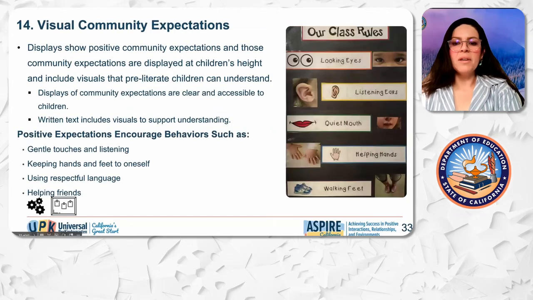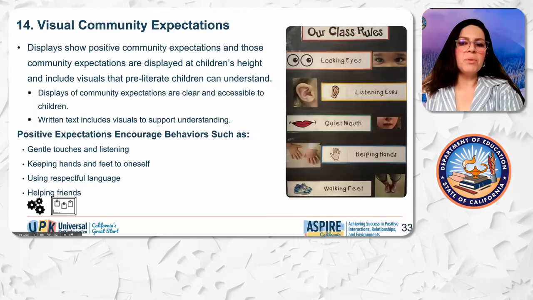So visual community expectations refers to the display in the classroom that communicates expectations for behavior in a positive and child-friendly way. These visuals should be placed at children's eye level and include clear pictures or symbols so that even pre-literate children can understand them.